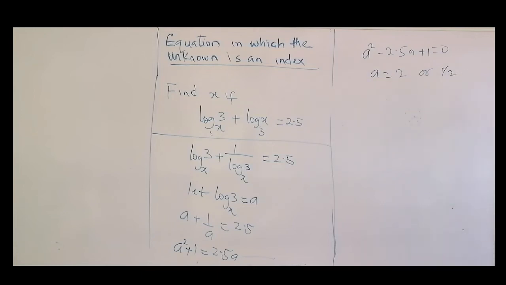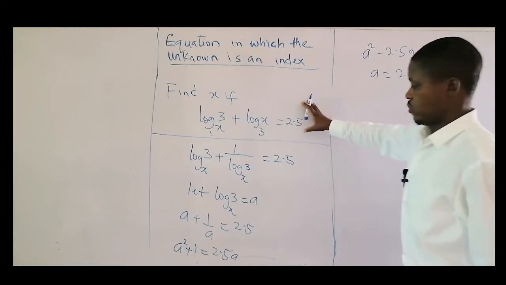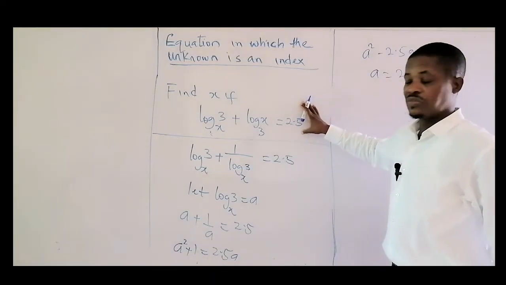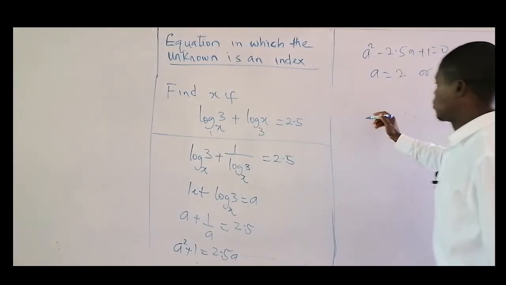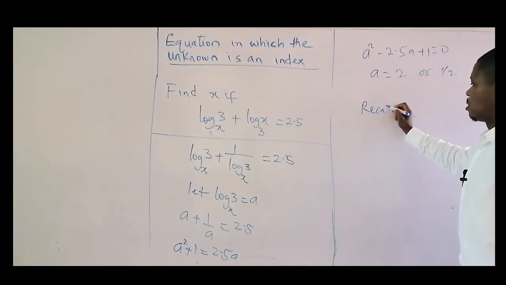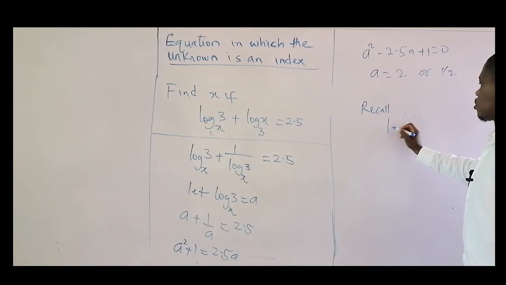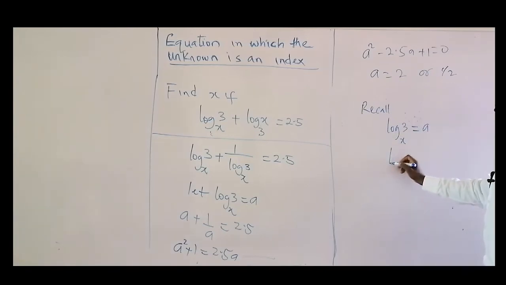So these are the a values, but a wasn't in the original question. We are the ones that introduced a to the question, so we only have the x variable. So what we do now is recall that log 3 base x is equal to a.